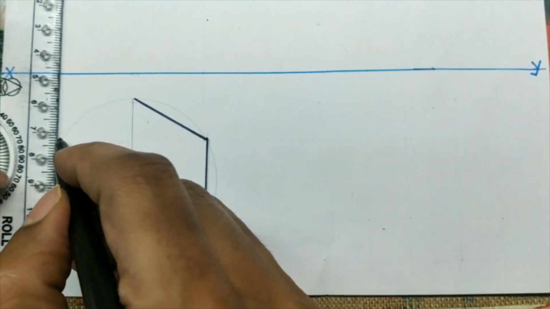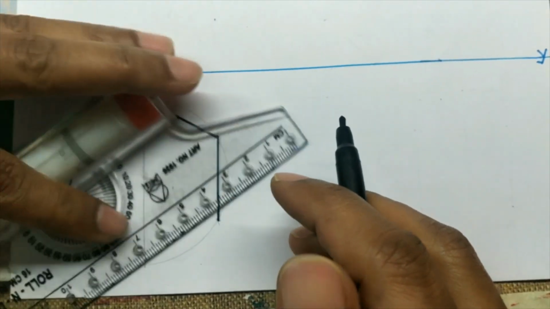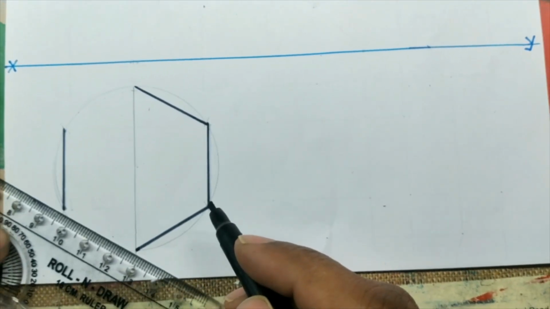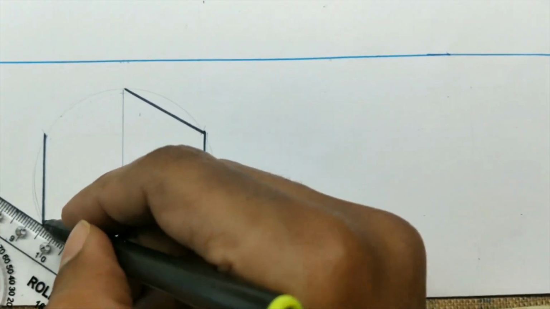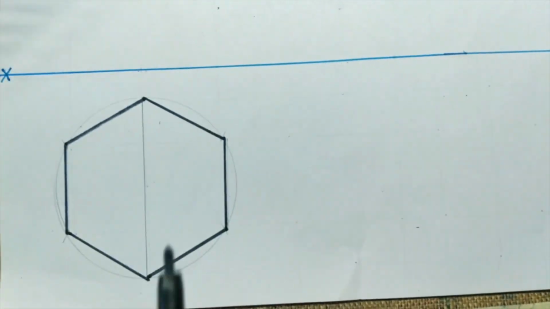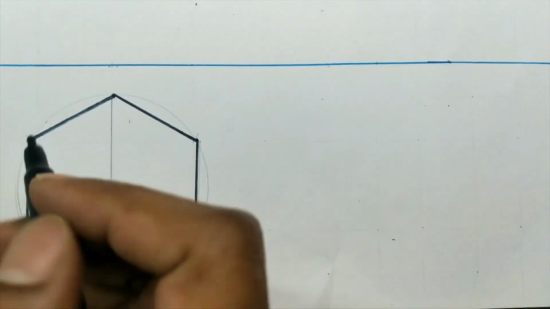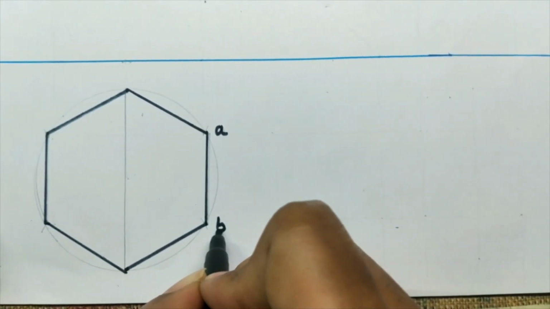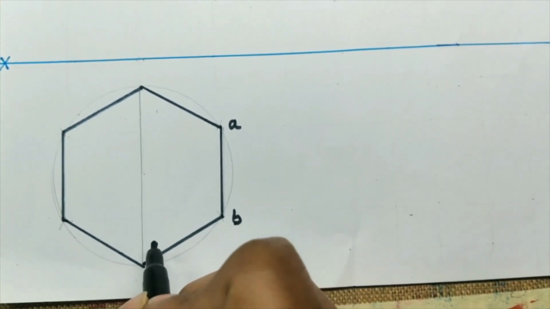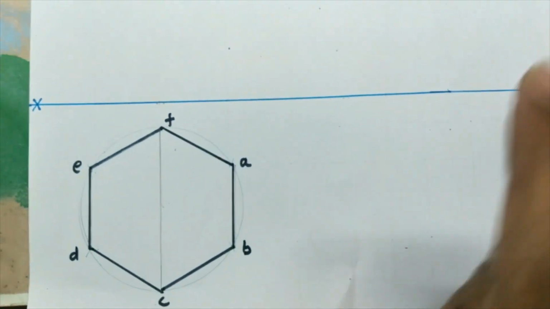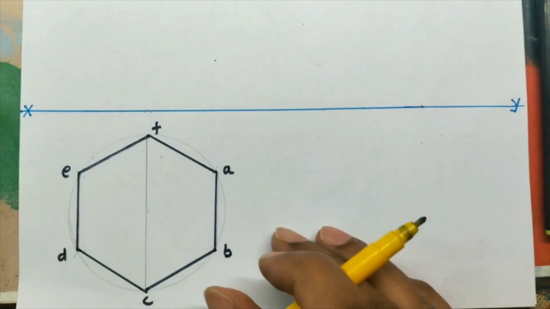Join all the points, and label it. Suppose this is A, B, C, D, E and F.